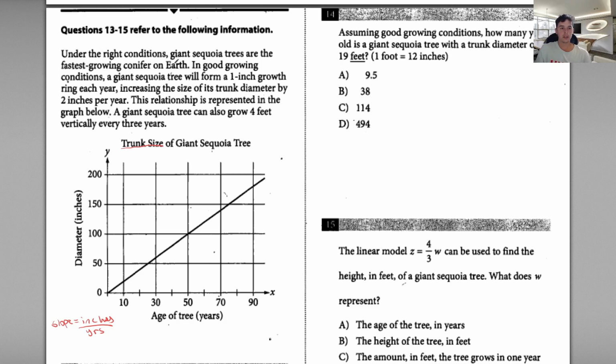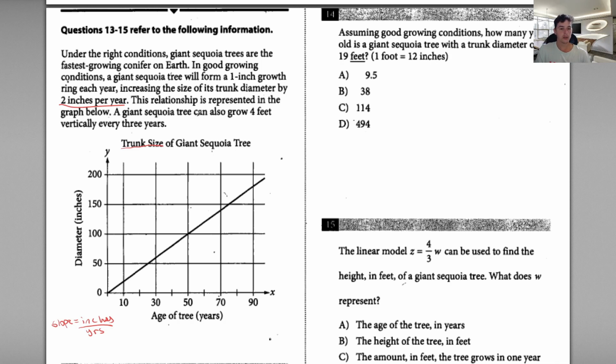Under the right conditions, giant sequoia trees are the fastest growing conifer on Earth. In good growing conditions, a giant sequoia tree would form a 1-inch growth ring each year, increasing the size of its trunk diameter by 2 inches per year. See, here's the slope. This relationship is represented in the graph below.